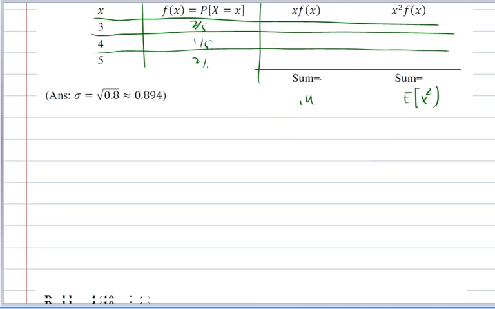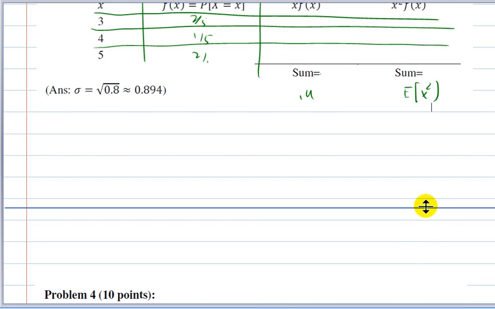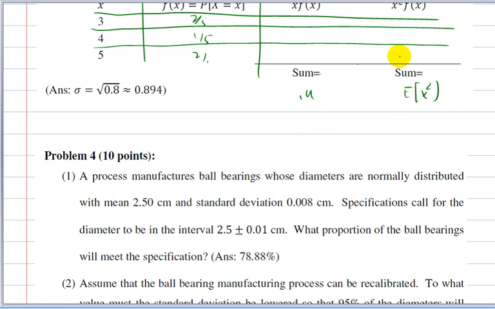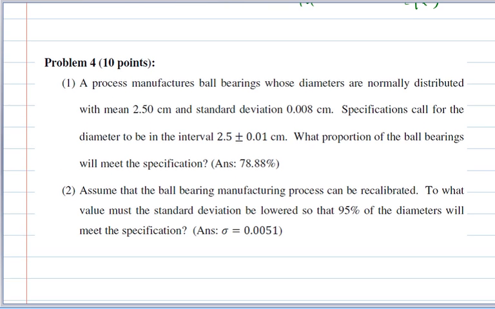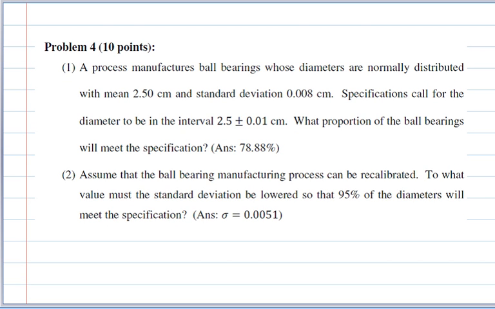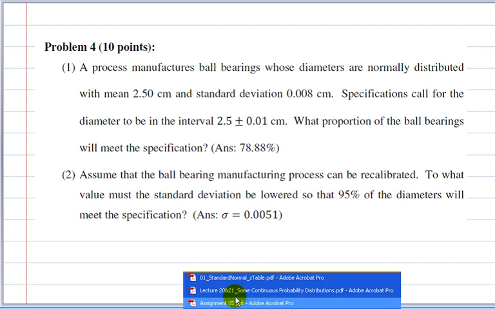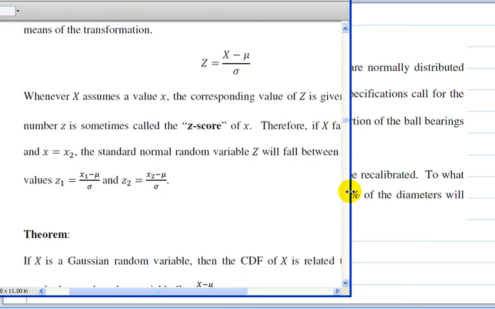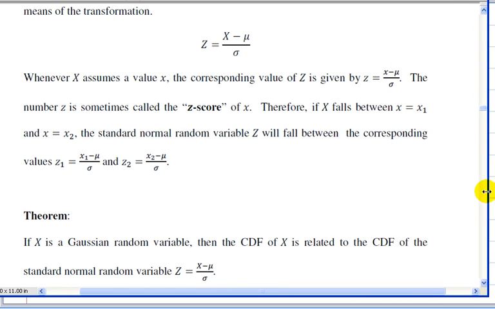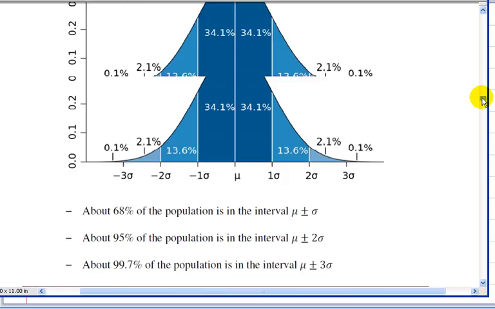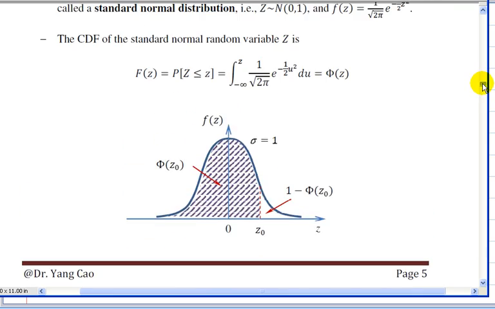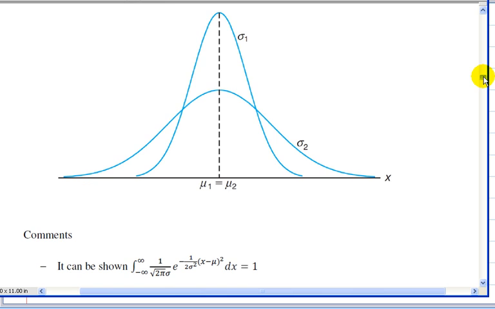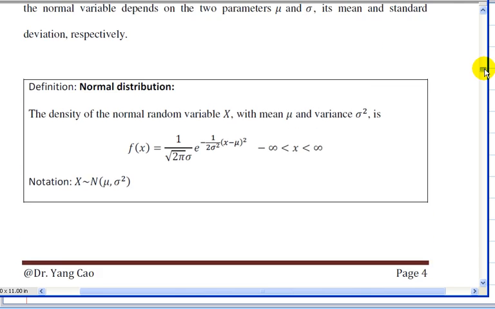Let's look at problem number 4. Problem number 4 relates to lectures 20 and 21. In those lectures we started to talk about different continuous distribution functions, and in particular the most important one is the Gaussian distribution, or the so-called normal distribution.